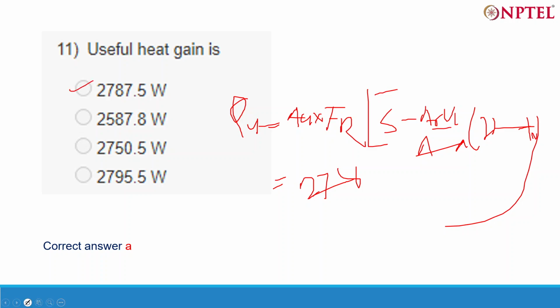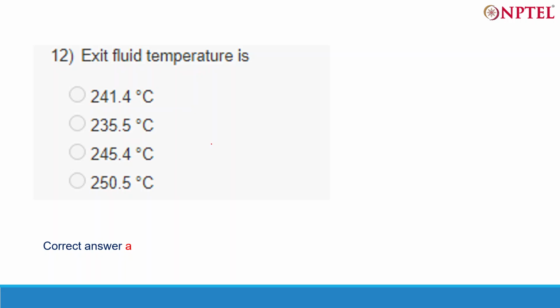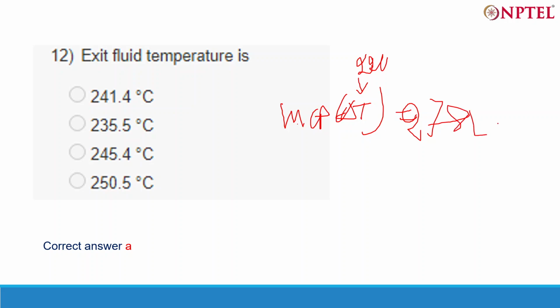Now the exit fluid temperature. This is very simple. You know the useful heat gain value, so just use m Cp delta T. You know the entrance temperature, 220, and 2787 is the heat gain.